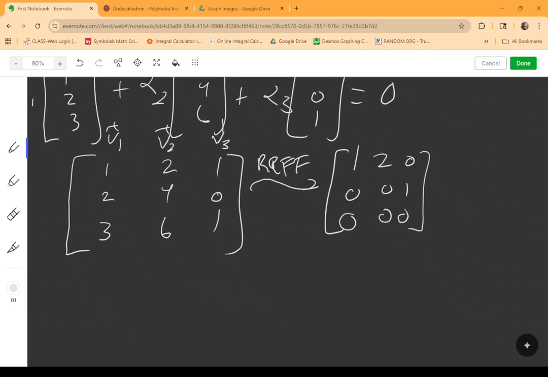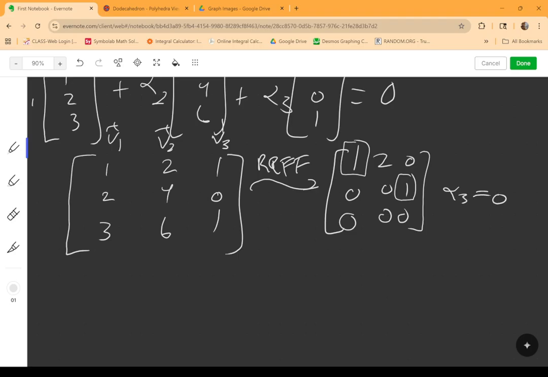Now how do I interpret this? We have 2 pivots, so that means I have 1 free variable. The last row tells me that alpha 3 is equal to 0.